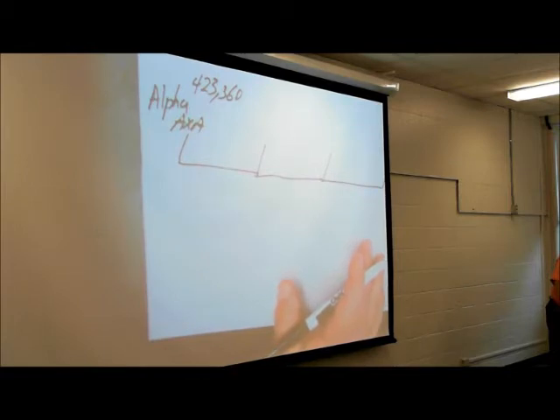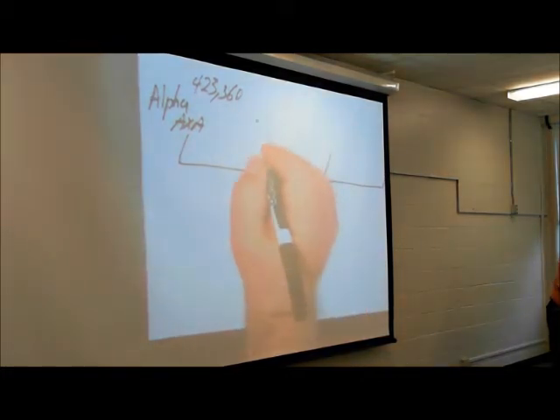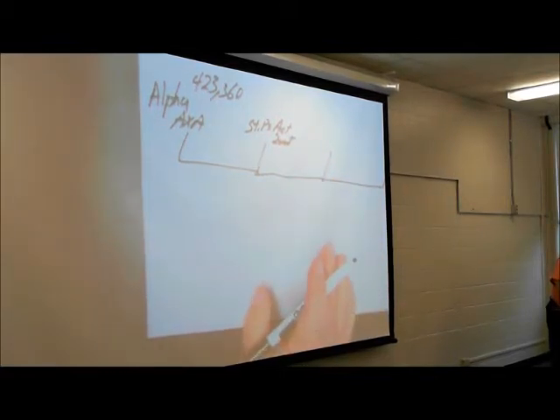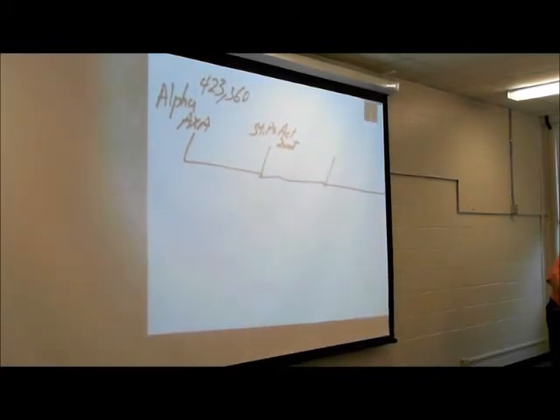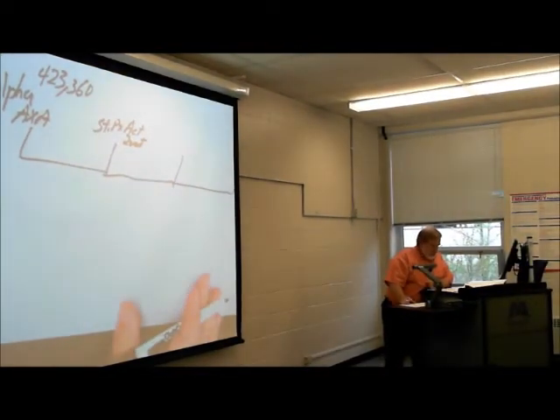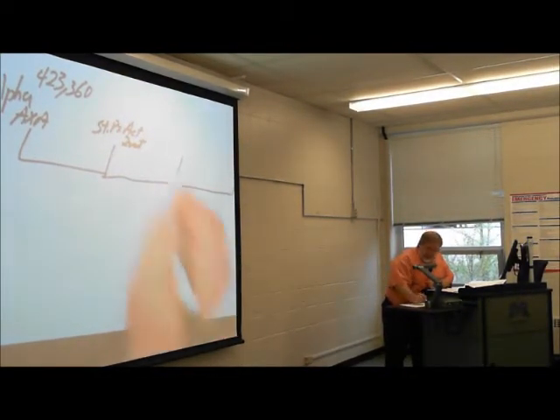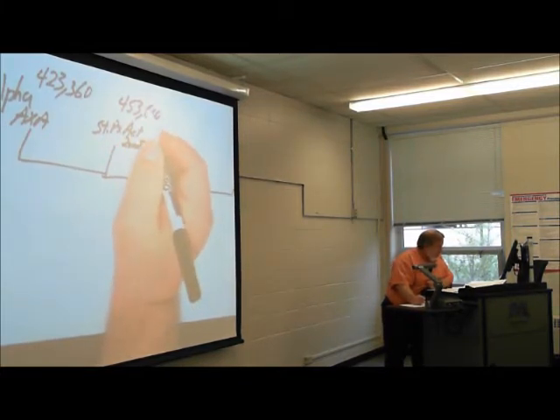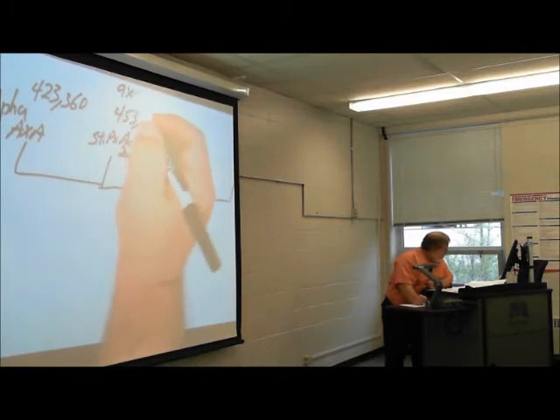Now, if we do the standard price times the actual quantity, standard price times actual quantity, 453,600. And everybody okay with how we got that? We simply took $9 times, what was it, 50,400?